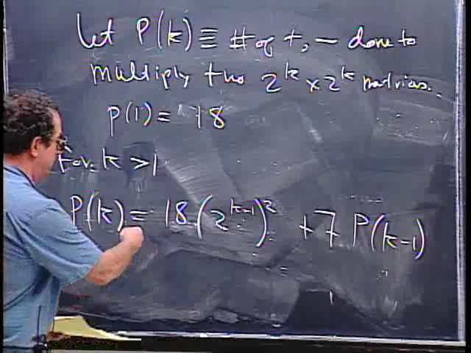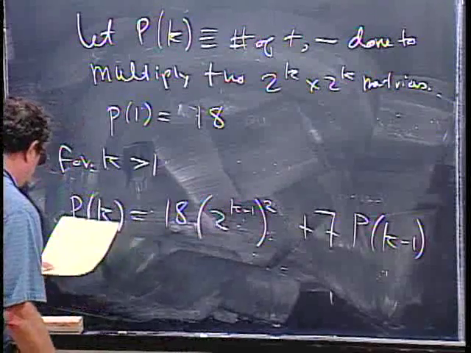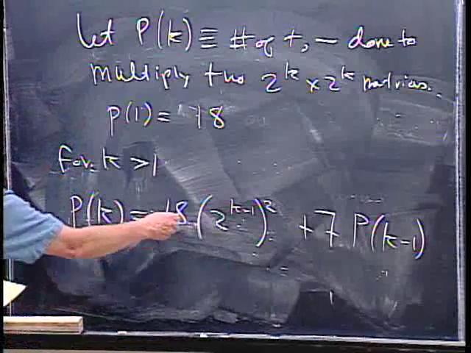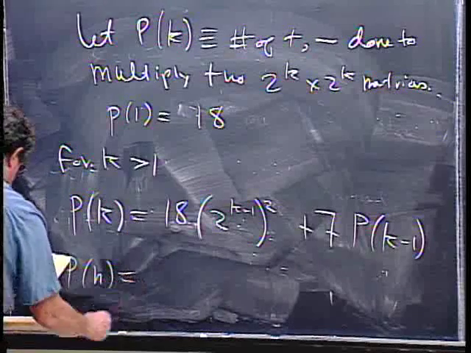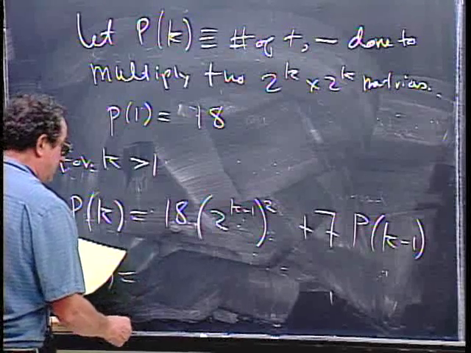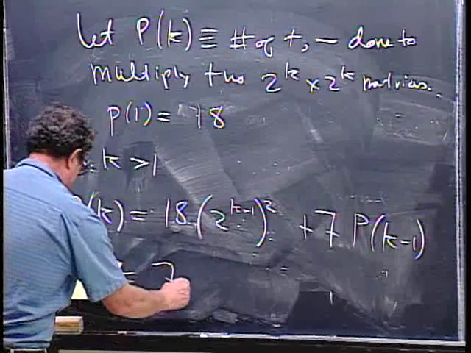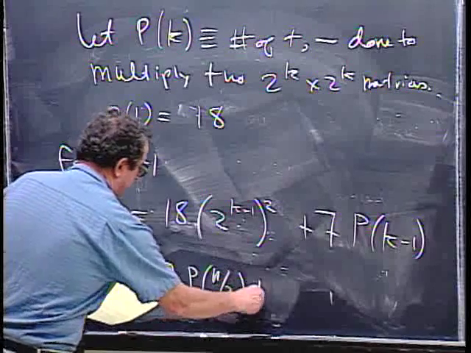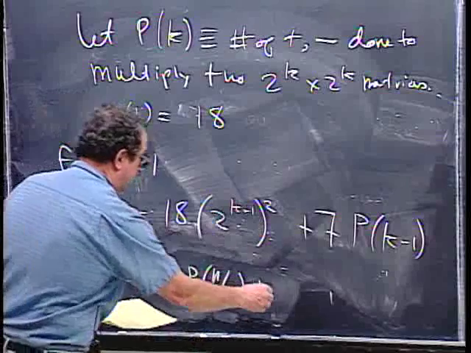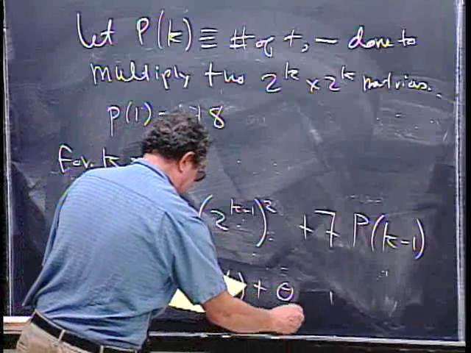but in solving this, now I'm coming back to this to say that this is really the same as P of n is equal to 7 P of n over 2 plus something that is on the order of n squared.